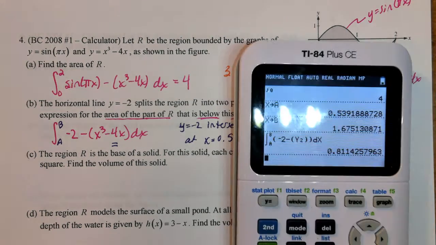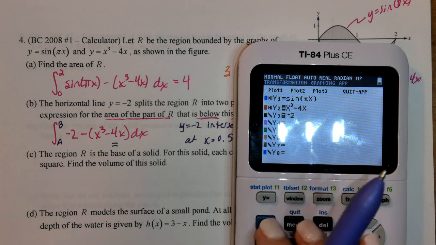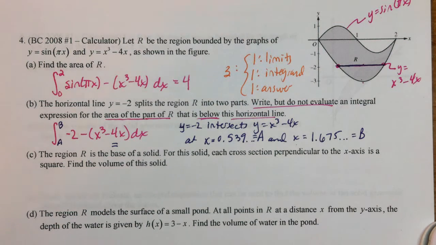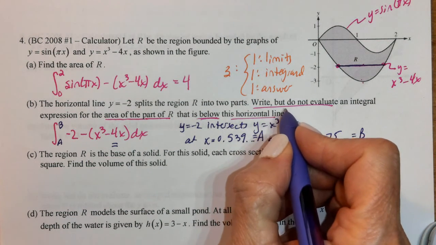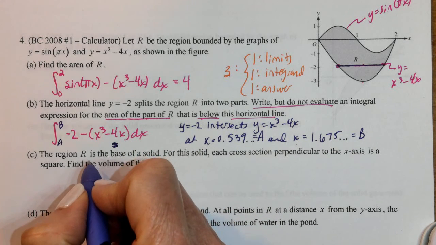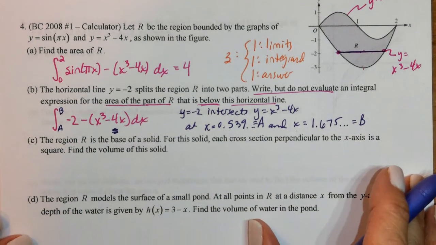Oh, I didn't do anything wrong. I just didn't have to evaluate it. So we don't have to evaluate that. Let's make sure we read the directions very carefully. Don't evaluate. Okay, so that's it for part B.